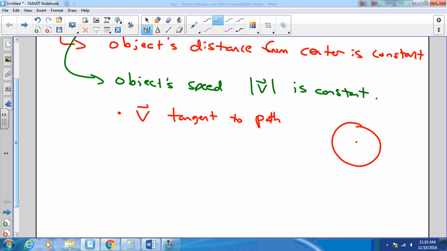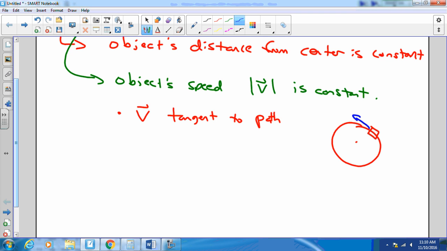So if I am drawing the motion of this object going around the circle, I can immediately draw the velocity vector as tangent to the circle, just like so, whether clockwise or counterclockwise.